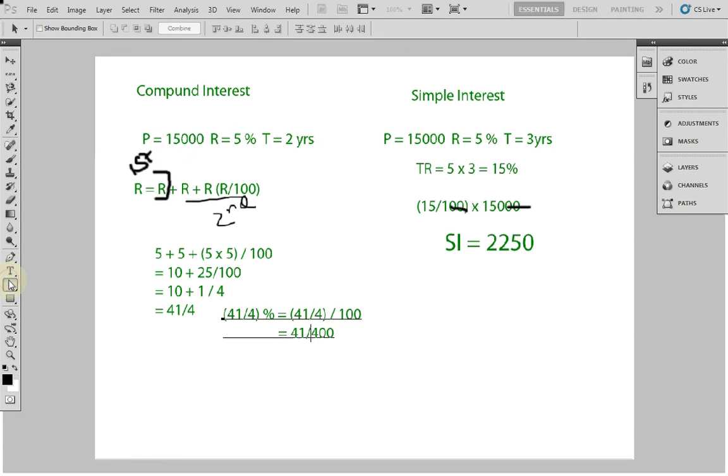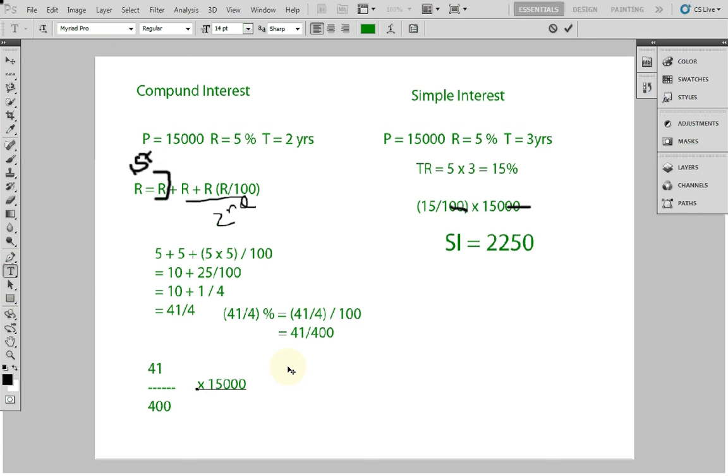So let's write it here. 41 divided by 400. What is the principal here? 15,000. We took the principal as 15,000.